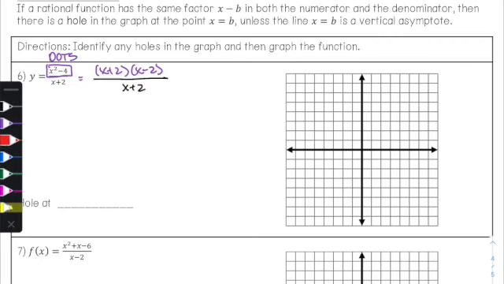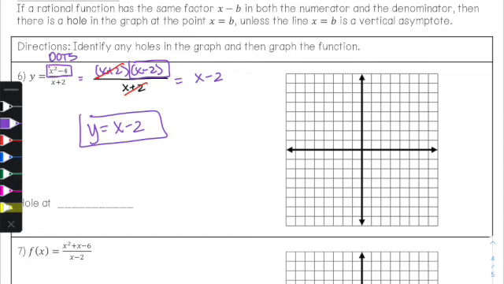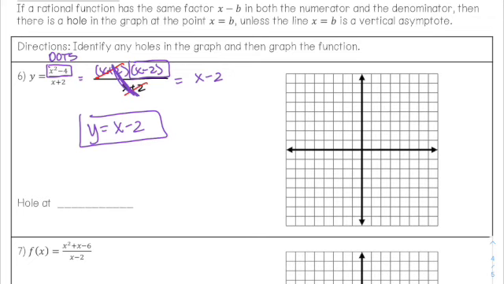Well, here, x plus 2 can cancel with x plus 2, and then all I have left is x minus 2. So y = x minus 2. I now just have a linear equation in slope-intercept form, so I can graph that. My hole is going to be where these canceled.